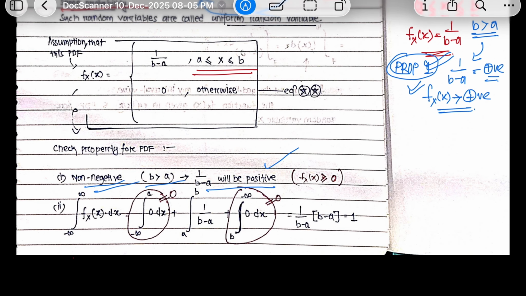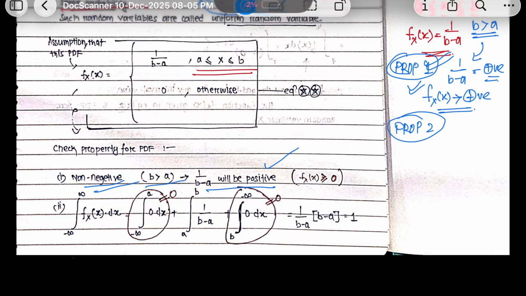Now we are checking property 2 for the PDF. Property 2 states that the integration from minus infinity to infinity of f of x dx must be 1. This is the normalization property, and it proves that this is a PDF.